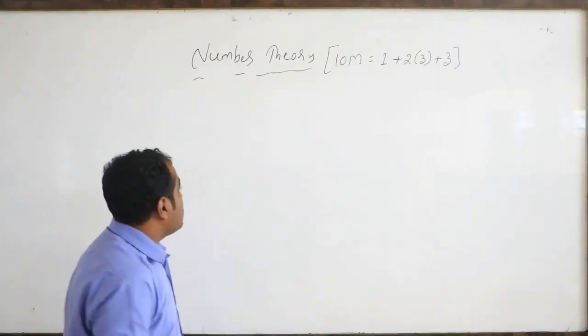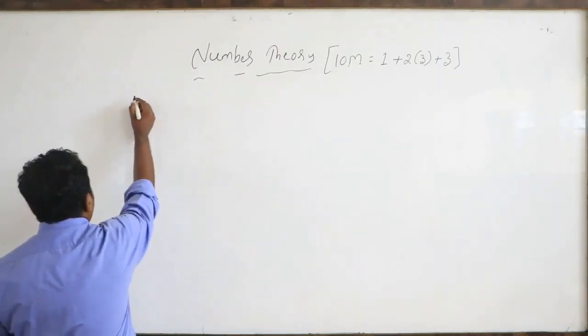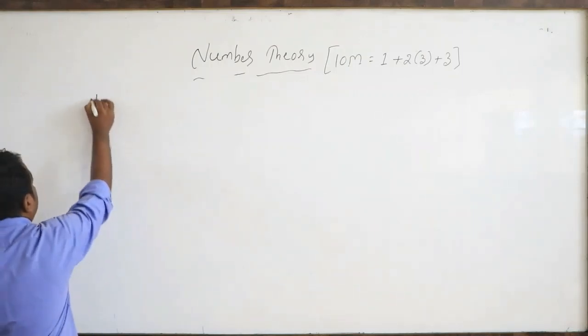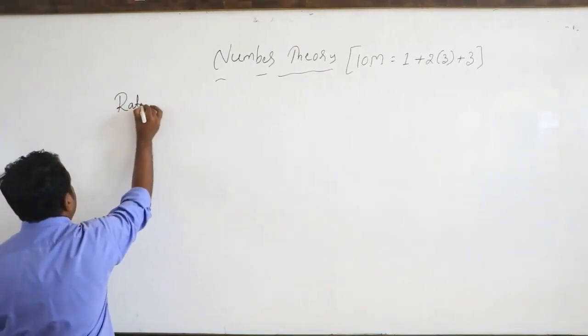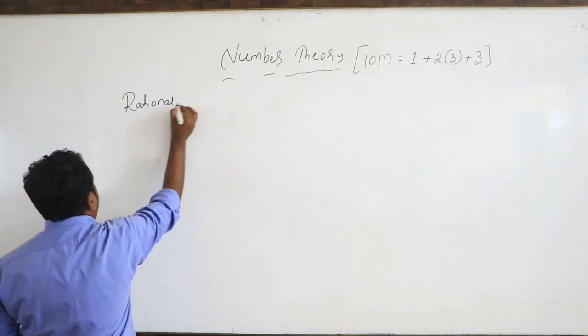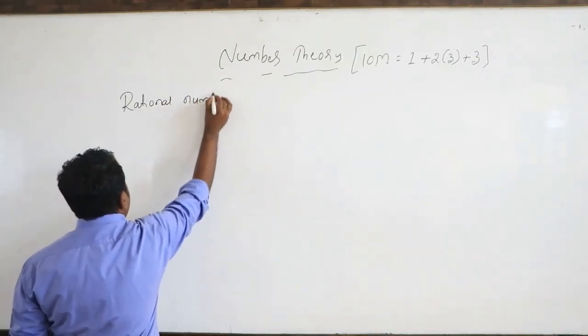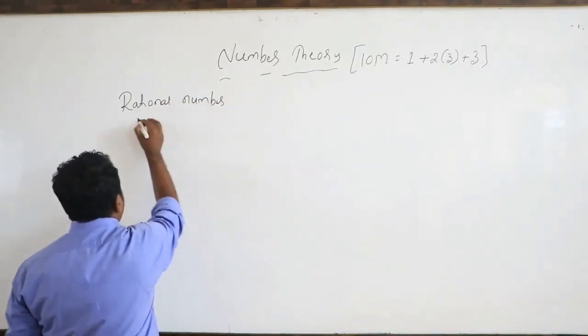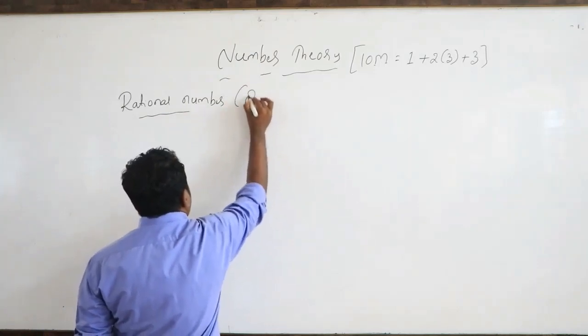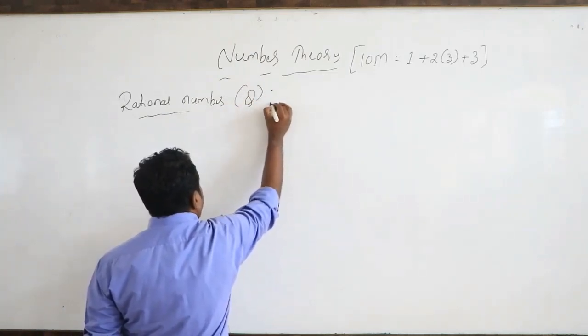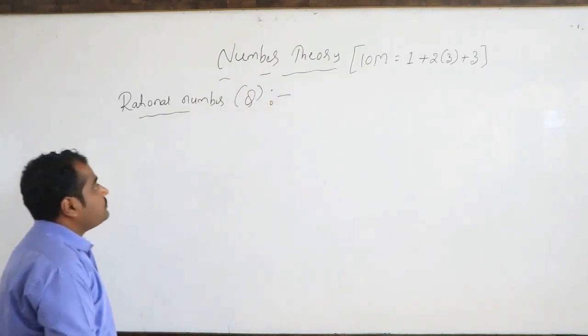So the next one is rational numbers. Q indicates rational numbers.